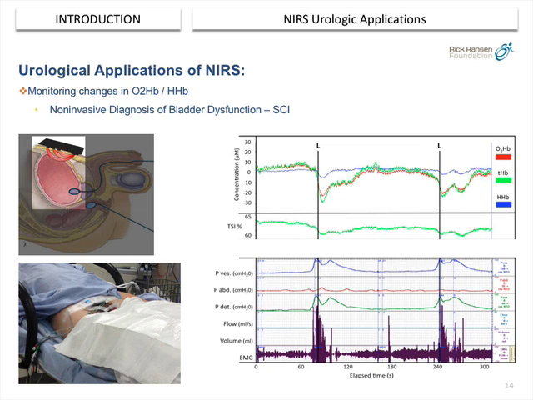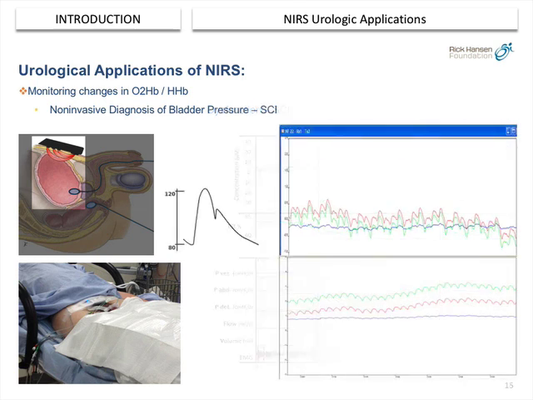Whenever we had an increase in bladder detrusor pressure, we had a drop in bladder wall oxygenation and tissue oxygen saturation. Again, for the first time, we invented a new method of signal analysis.